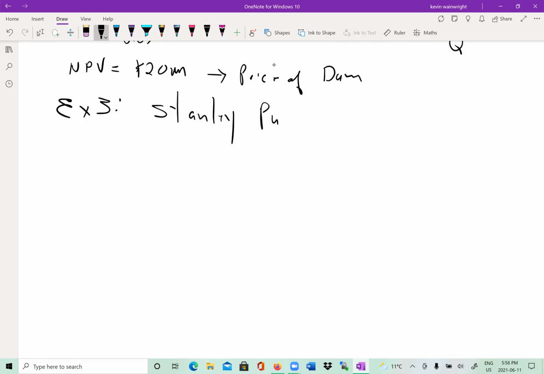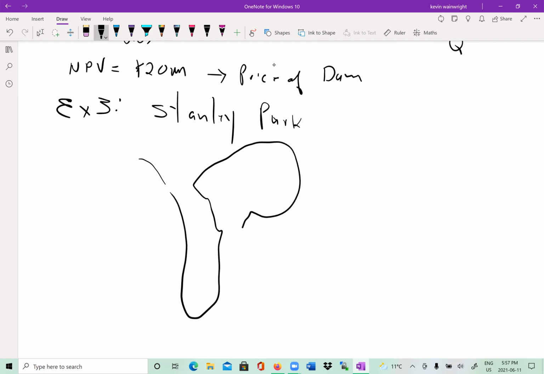Stanley Park. Everyone's familiar with Stanley Park, right? And when we look at Stanley Park, and then we have the West End. And you have your seawall all the way around.